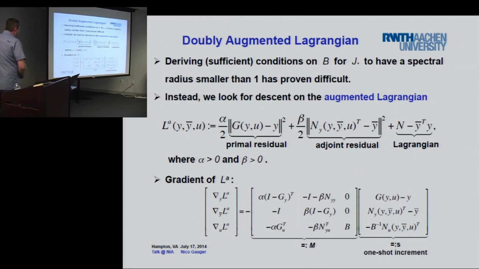Okay. It turned out that deriving at least sufficient conditions for this preconditioner B, such that this coupled Jacobian has a spectral radius less than 1, has proved difficult.